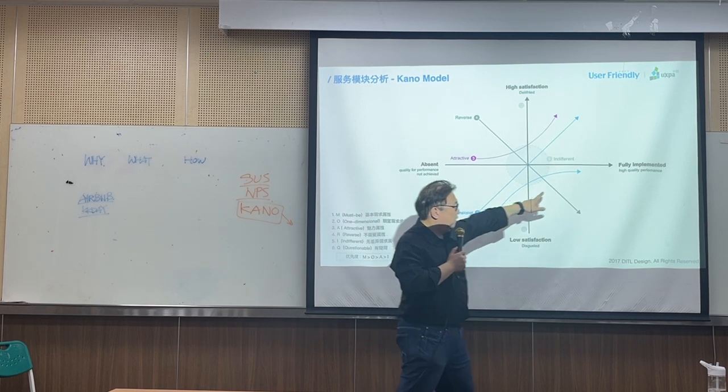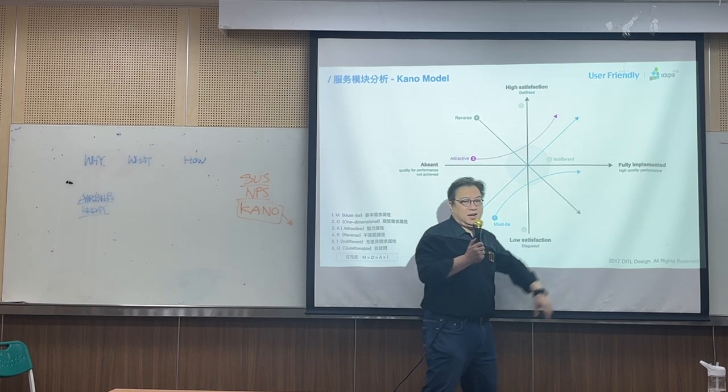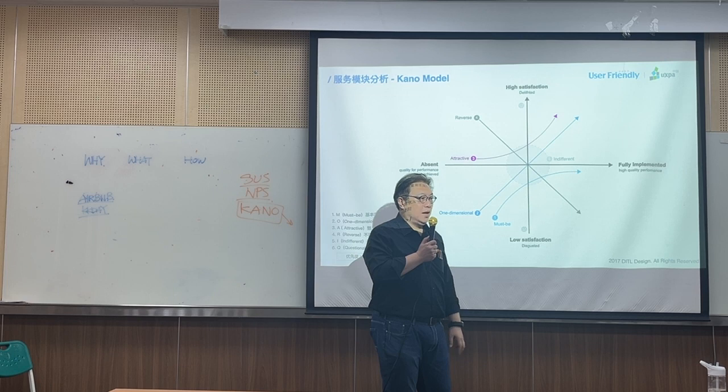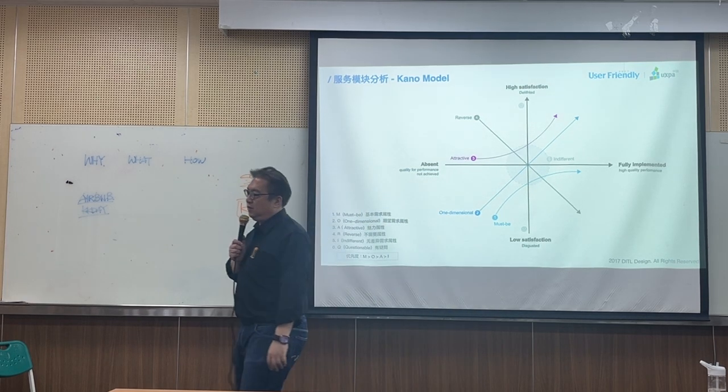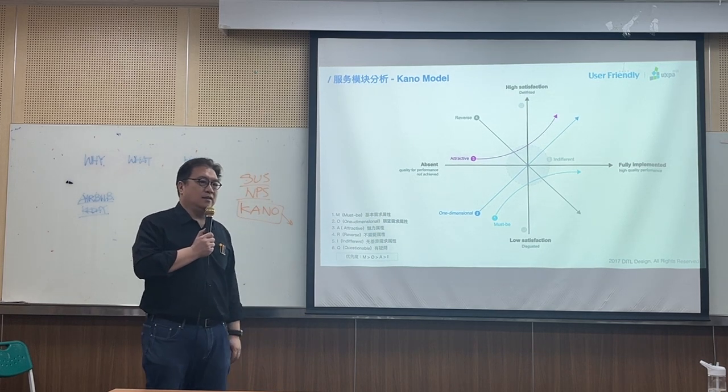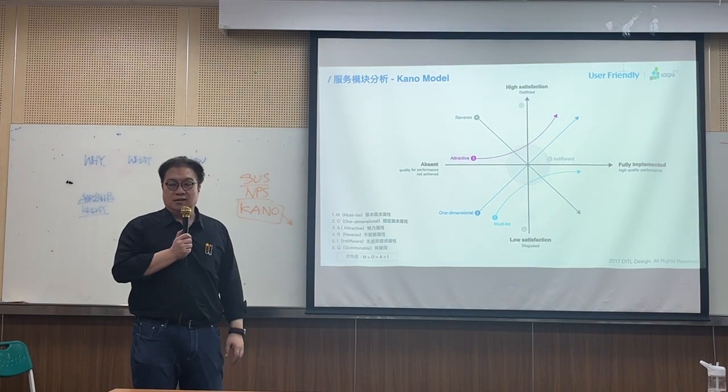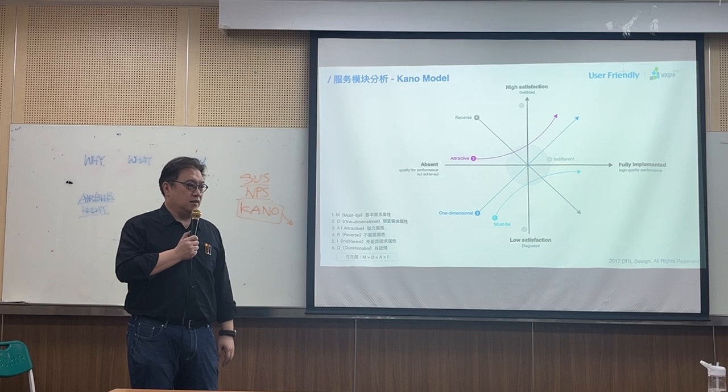But if you do have this function, I feel okay. I will not feel very happy, but I just feel okay. So this is number one, must-be. Can you tell me which function of a restaurant is a must-be function?